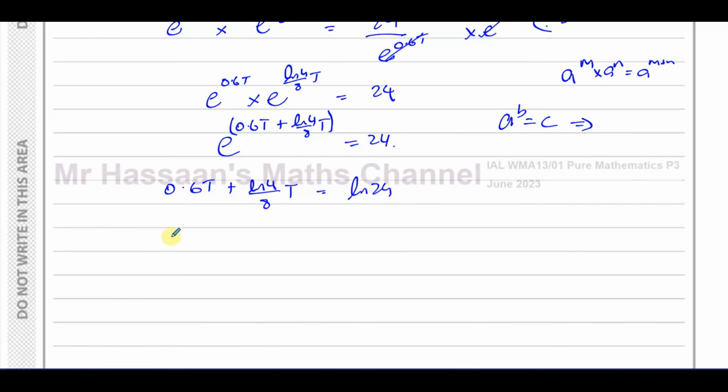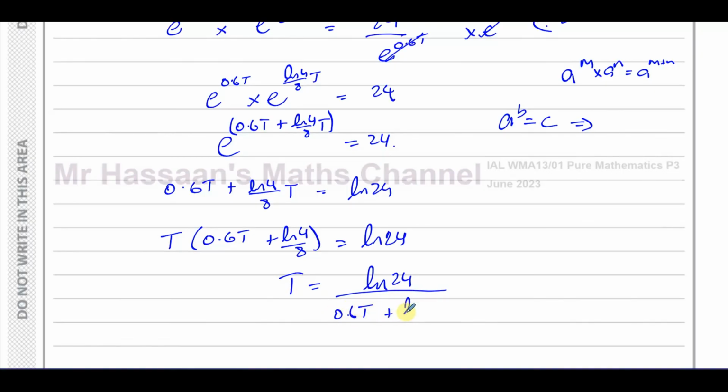T is common in these two terms, so I have T times (0.6 plus ln 4 over 8) is equal to ln 24. So therefore T is equal to ln 24 divided by (0.6 plus ln 4 over 8), and that will give us our answer.